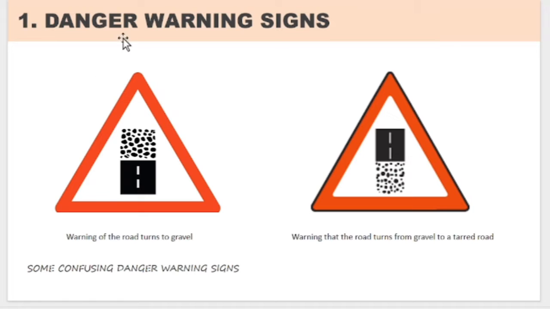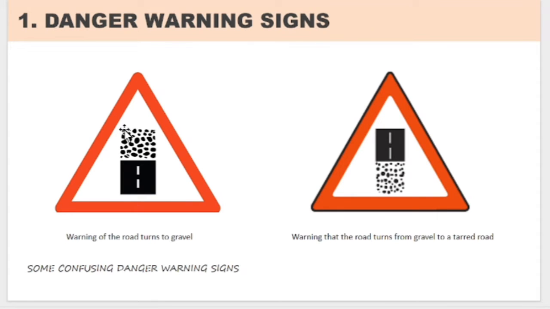Okay, now looking at some confusing danger warning signs, we do have this sign here. This is what we call a warning of a change of road, or change of the condition of the road. What do you mean by that? You can see that we have a nice tarred road, but here we're entering into a gravel road.